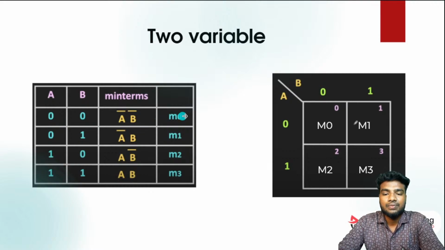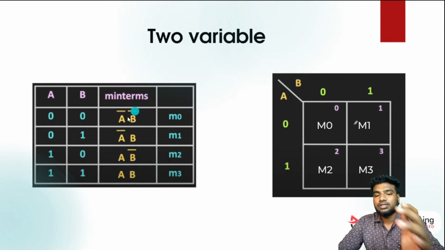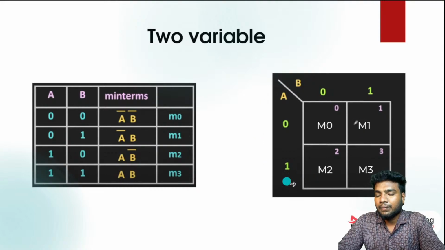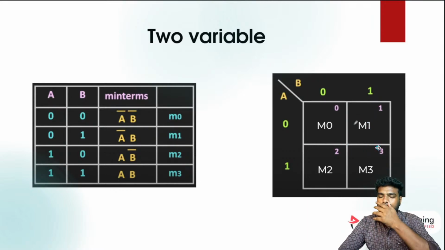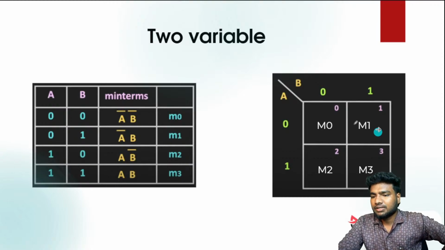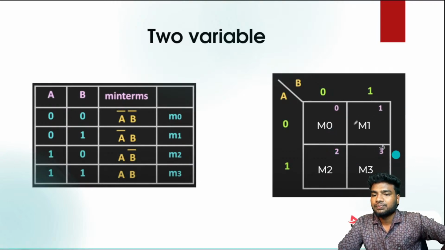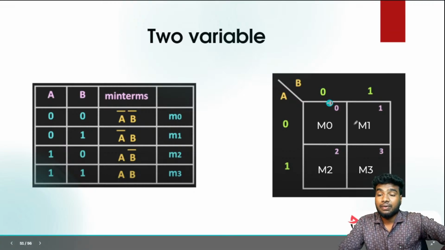We can write the min terms m0 to m3 as a bar b bar, a bar b, a b bar, a b. In the K-map, you write the min terms as the 0th min term, first min term, second min term, third min term. This is how to create a two variable K-map.